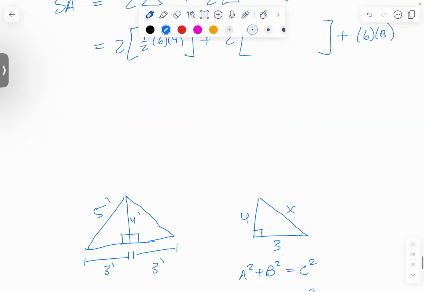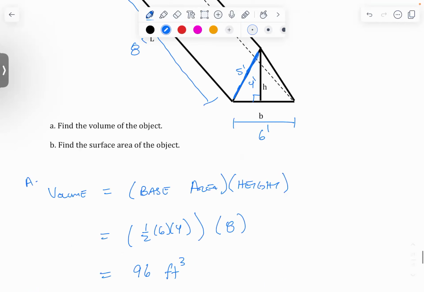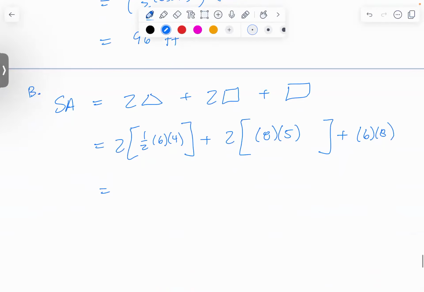What that gives us, back to our picture, is our missing side here of 5 feet, which means that now we can calculate the missing two rectangles because they are going to be 8 feet by 5 feet. Once we have all that, then we can calculate away.